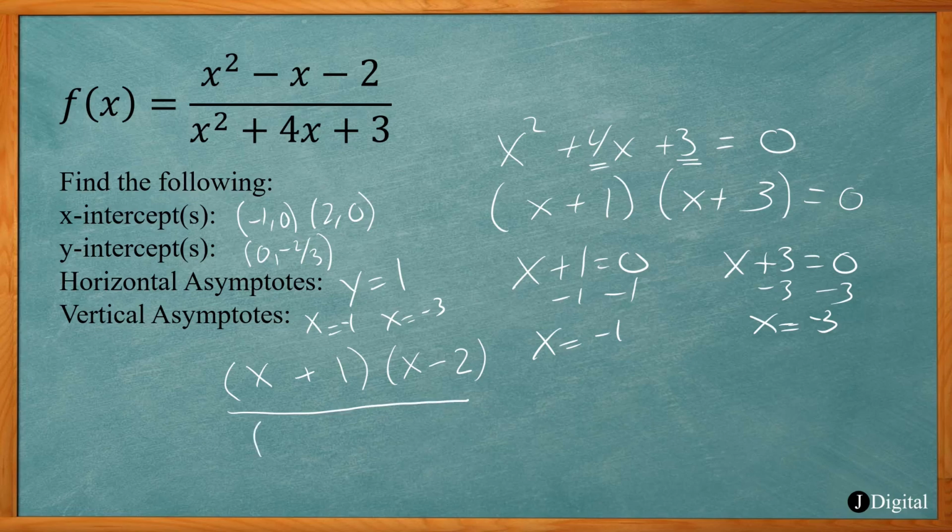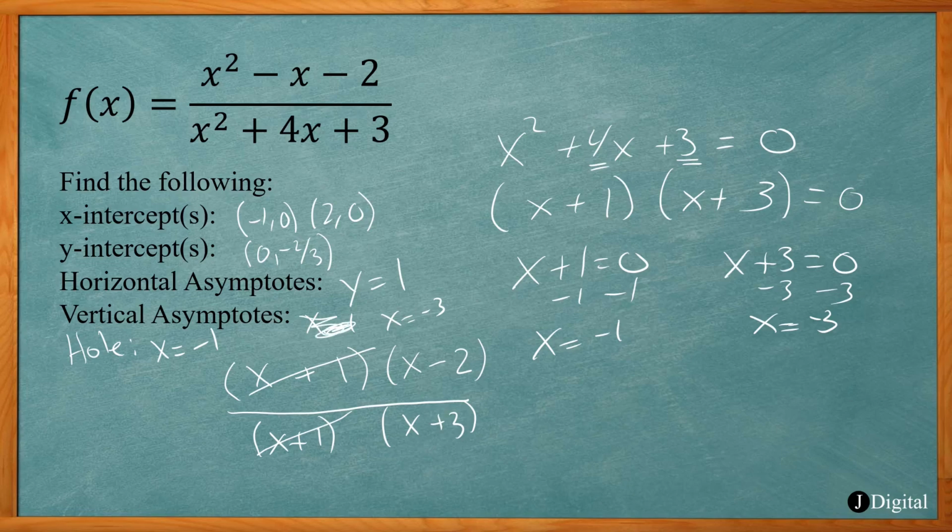And our denominator was x plus 1 and x plus 3. We can see that the x plus 1s are going to cancel out. So actually we don't have a vertical asymptote there, we're going to have a hole where x is equal to -1. So that eliminates the vertical asymptote, it's going to be a hole instead.